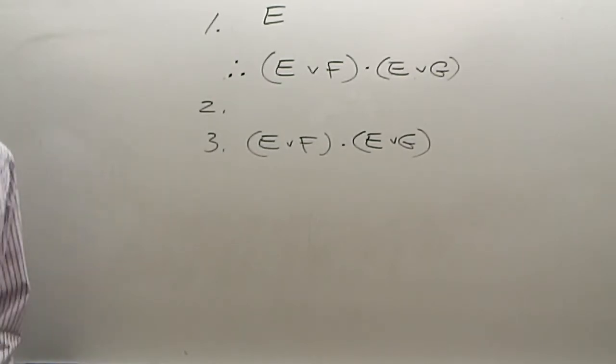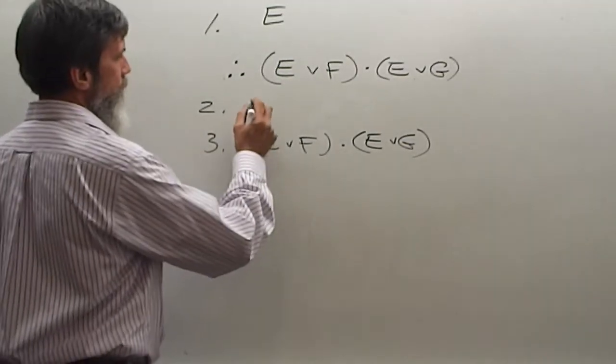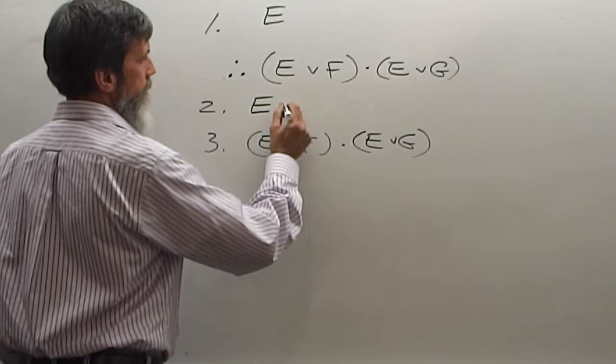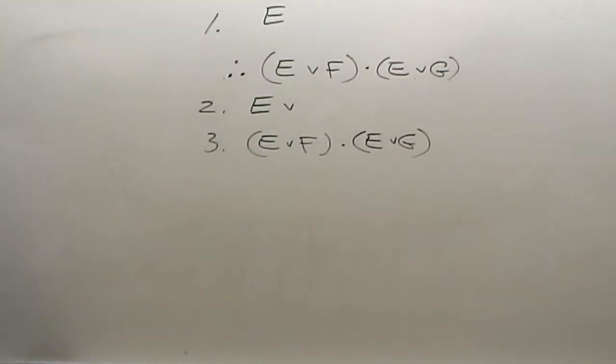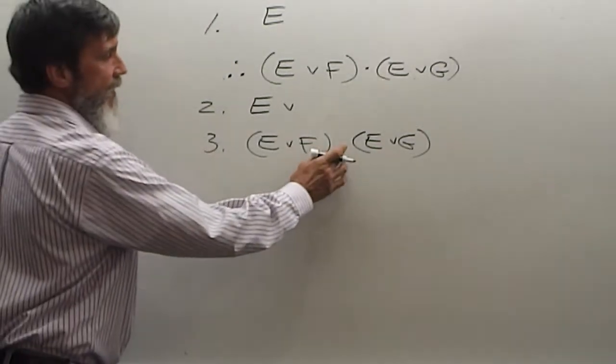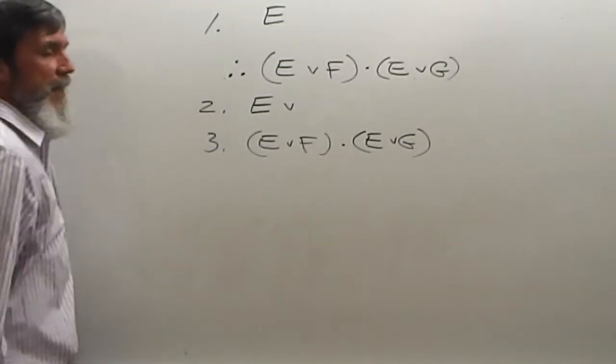Is it? Okay. Read it off for me. E and dots? No, it's not a dot, it's a wedge. Figure it out. Remember, in distribution, wedges and dots are interchanged. So this dot right here becomes a wedge.